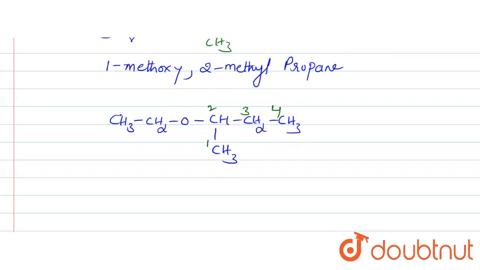So the name of the compound is, second carbon has ethoxy group, so 2-ethoxy. It has 2 carbons. That's why it is ethoxy, 2-ethoxy butane. 4 carbons containing chain. That's why it is treated as butane. 2-ethoxybutane is the name.